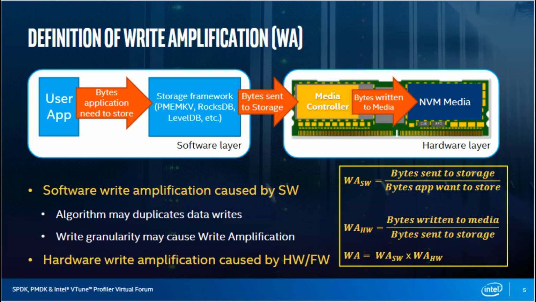Usually the amount of bytes sent to the storage exceeds the number of bytes the application wants to store. That's software write amplification. Then when the data comes to the storage device, the media controller which resides on the storage device needs to do some work to put this data on the media, and firmware or controller logic might introduce hardware write amplification.